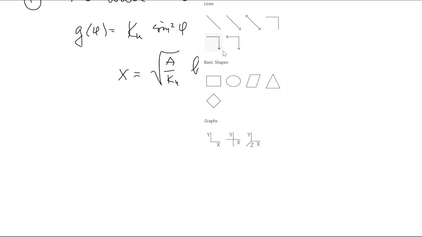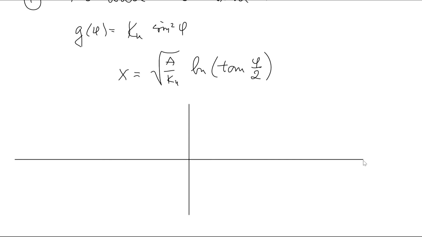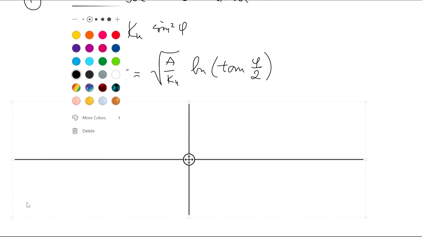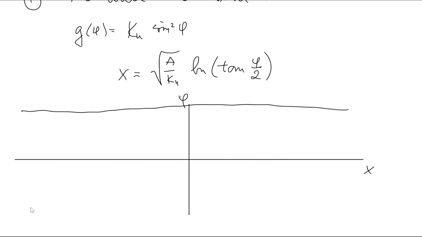Now I will use this to get the coordinate system. This is φ, this is x. You can invert this, but in general, if we plot this function, here is another line and another line.